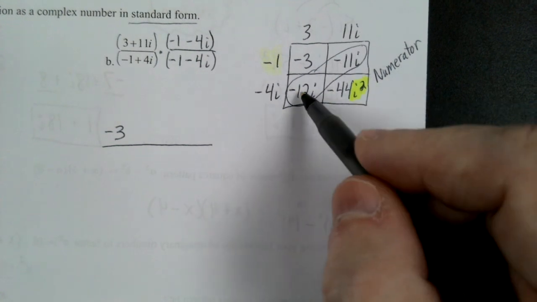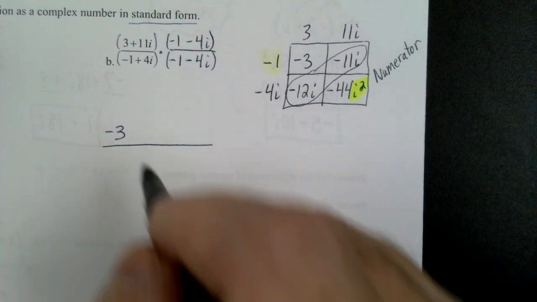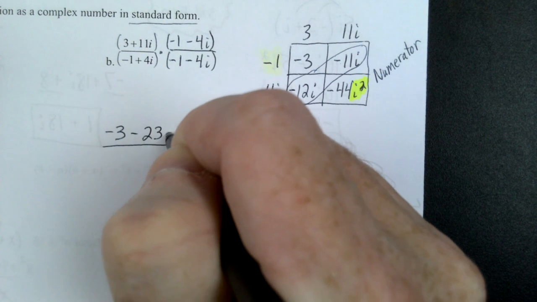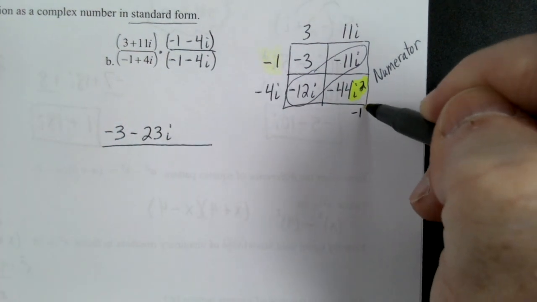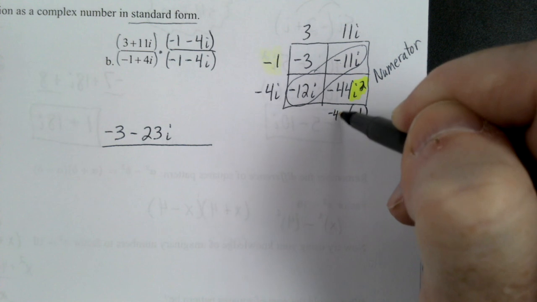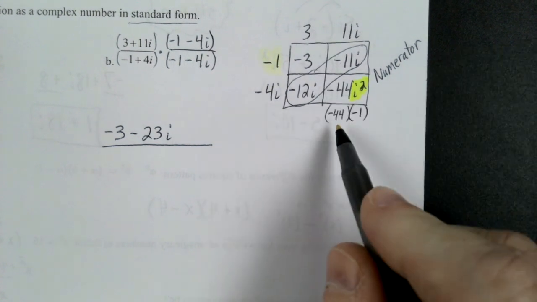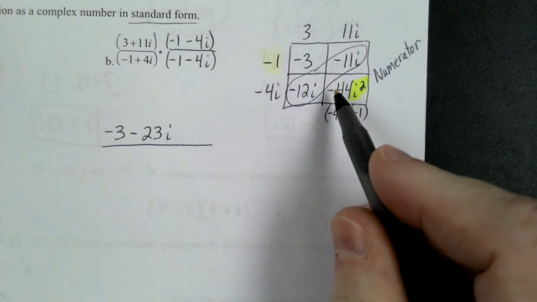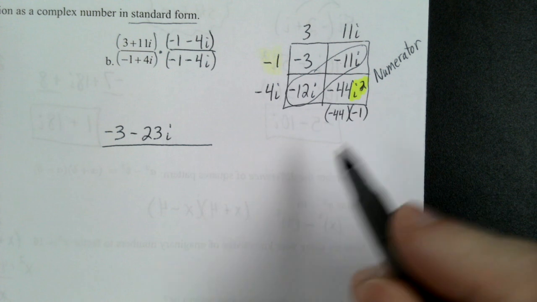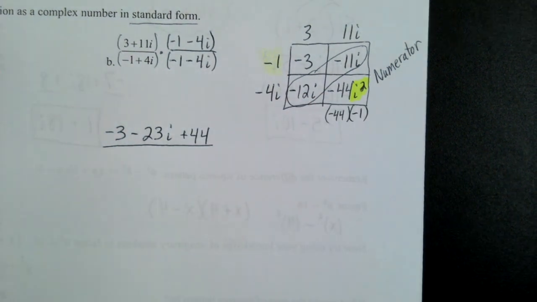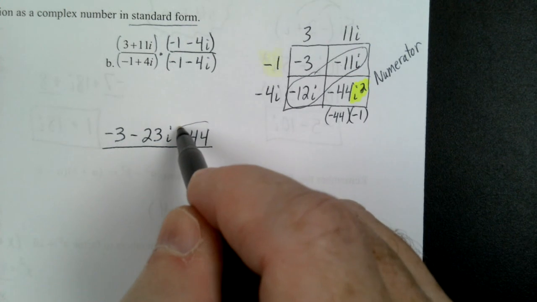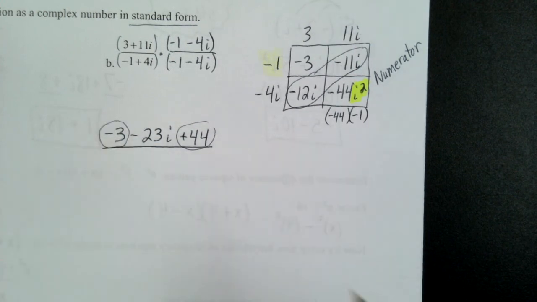They're both negative. So a negative 23i. And then remember that i squared is a negative 1, and we have a negative 44. So that turns that negative 44 into a positive 44. There's the top temporarily. Yes, I see these two are like terms.